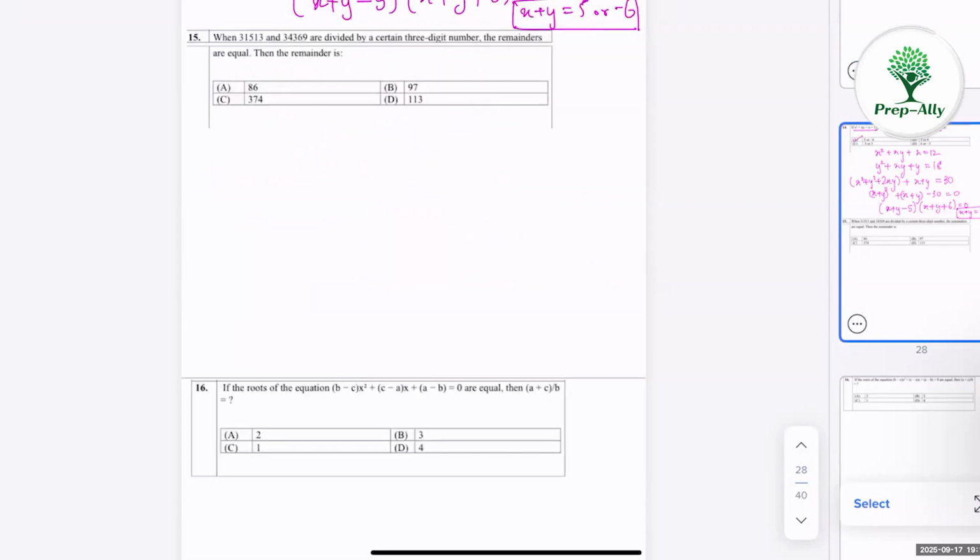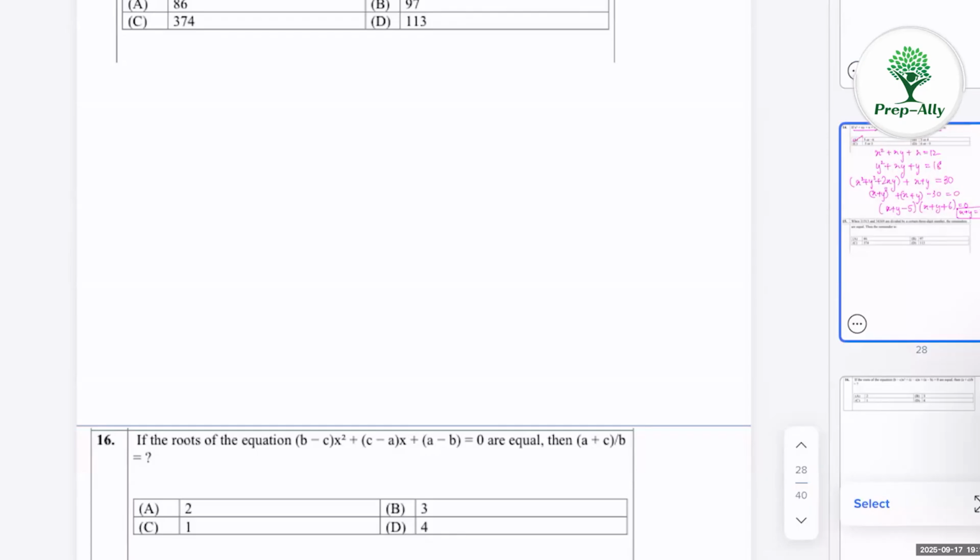Okay, let's look at this question here. They're asking us what the remainder is if when these two numbers are divided by a same 3-digit number, the remainders are equal, right? So let's say they're both divided by the same 3-digit number x, and the remainder we get when they're divided by x is r.